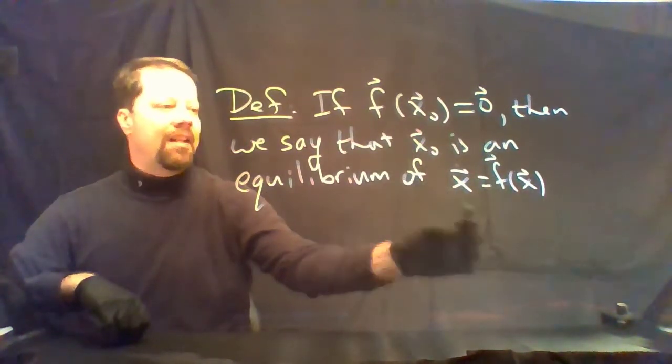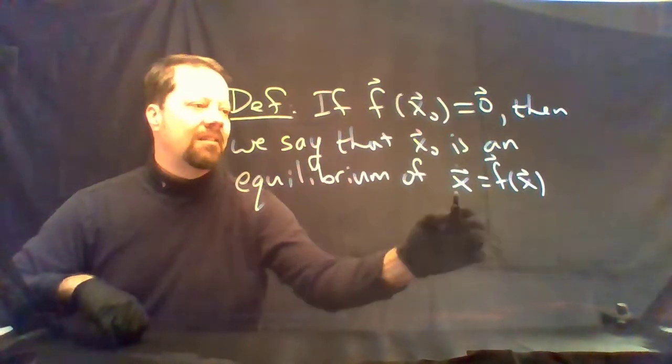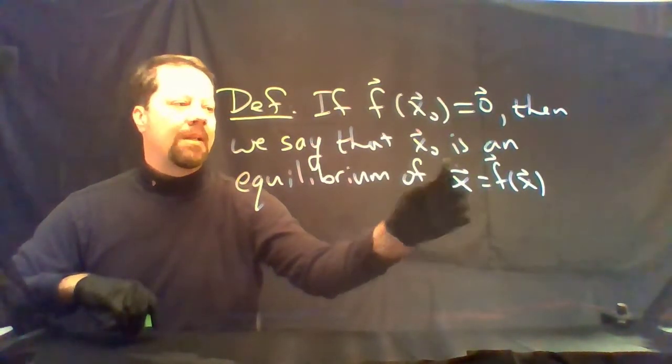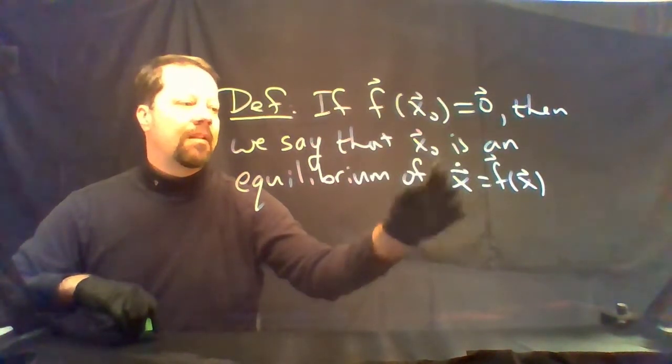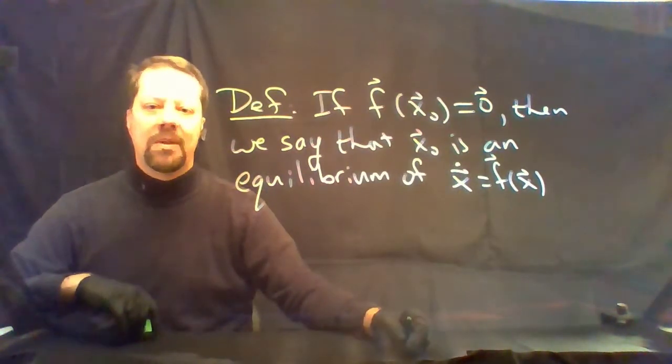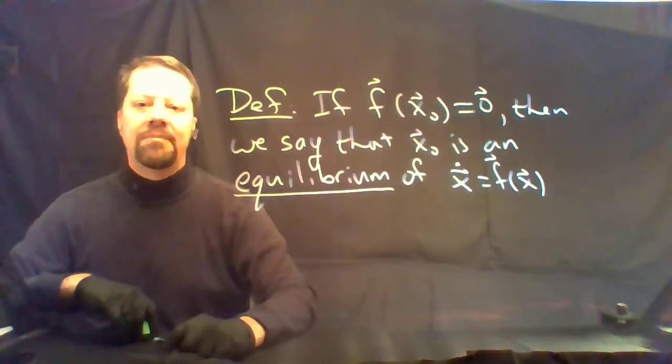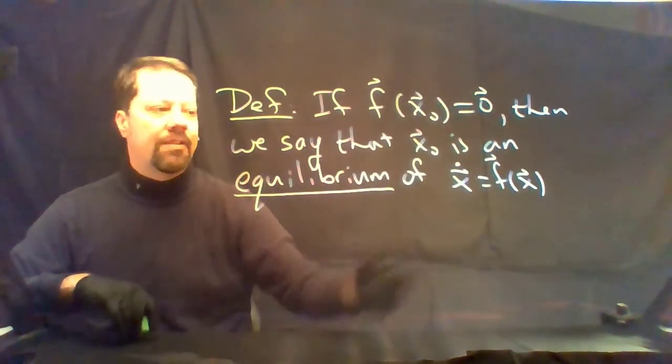You can see that if you plug this point x naught in, then the point can't drift from that point because the derivative is zero. It won't change once it's at that point. And so that's why these are called equilibria of these sorts of differential equations.